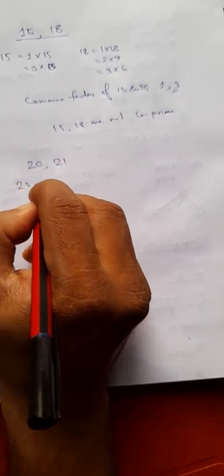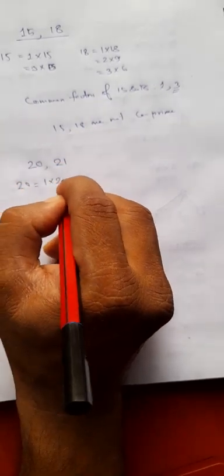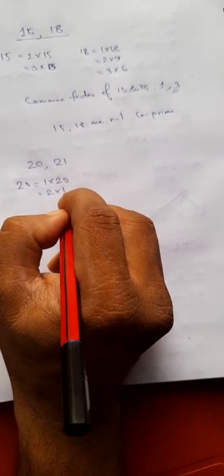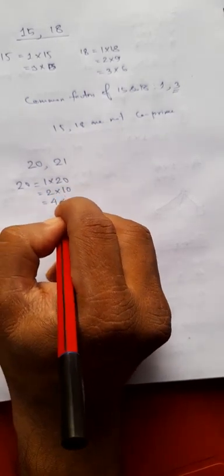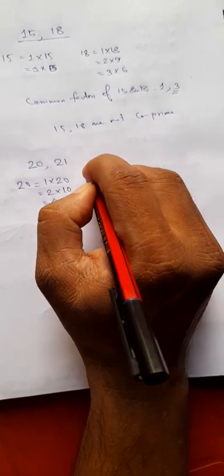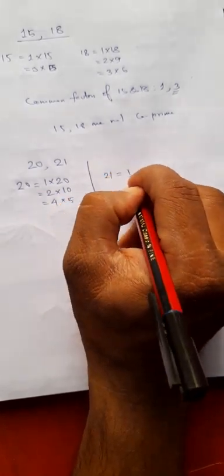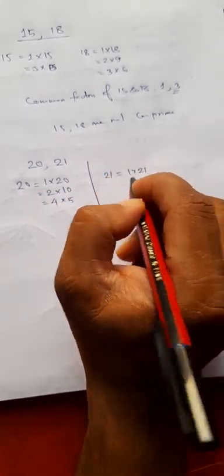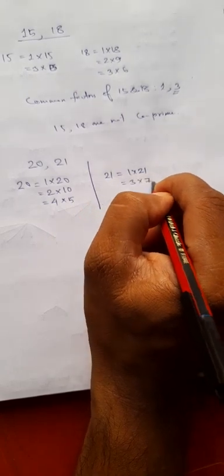Now let's discuss another pair, 20 and 21. Factors of 20: 1 multiplied by 20, 2 multiplied by 10, 4 multiplied by 5. Factors of 21: 1 multiplied by 21, 3 sevens are 21.